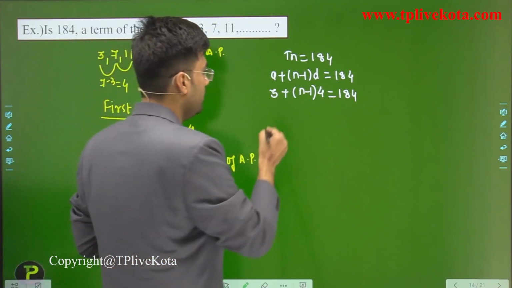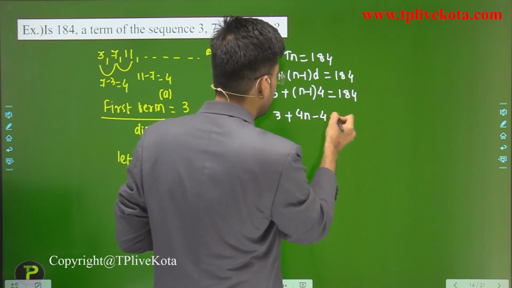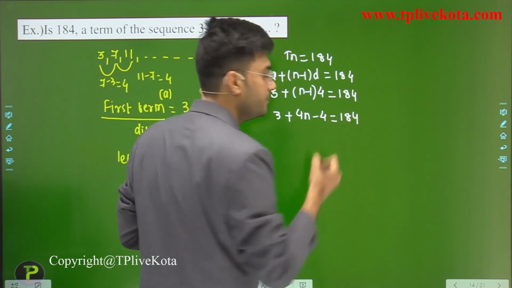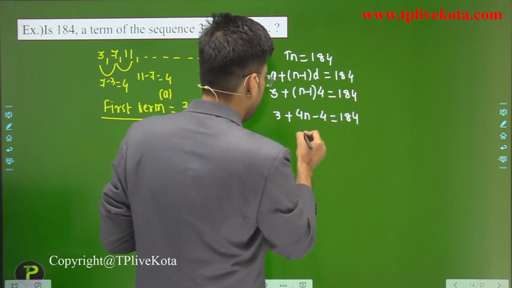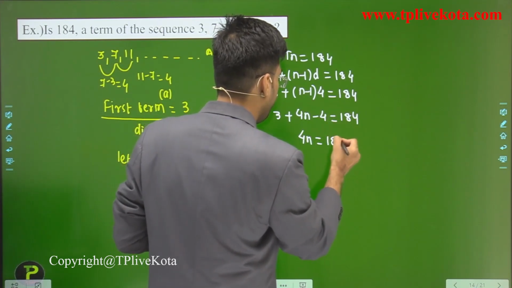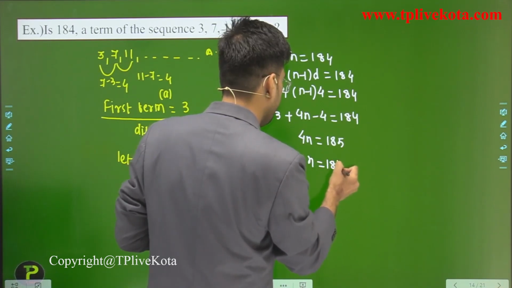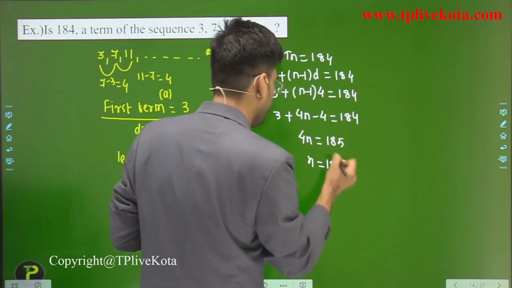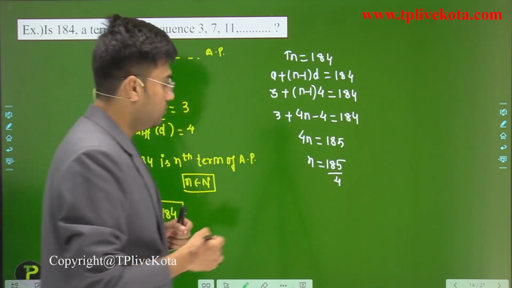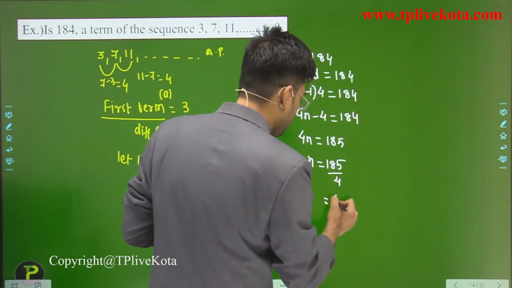So when we solve this, it is 3 plus 4n minus 4 is equal to 184, and 4n is equal to 185. So n is equal to what? It is 185 divided by 4. So when we solve this, this is 46.25.